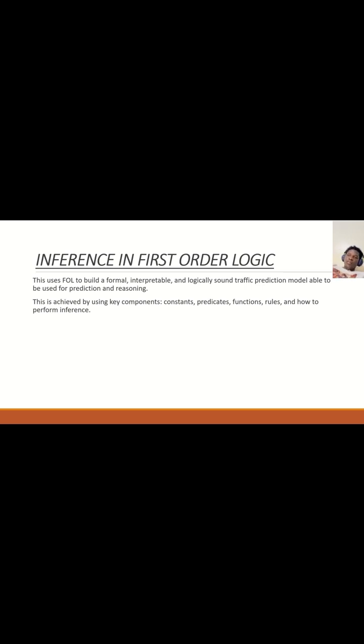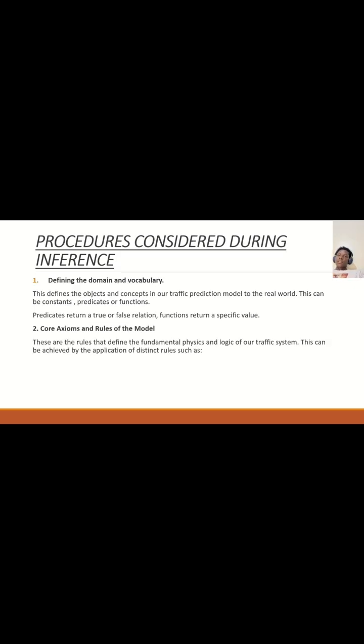So this can be achieved by using key components on how to perform inference. So the procedures considered during inference: we have to first define the domain and the vocabulary. So this helps us map the objects and concepts in our traffic prediction module to the real world.